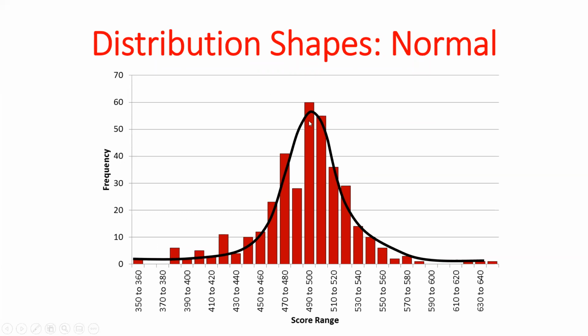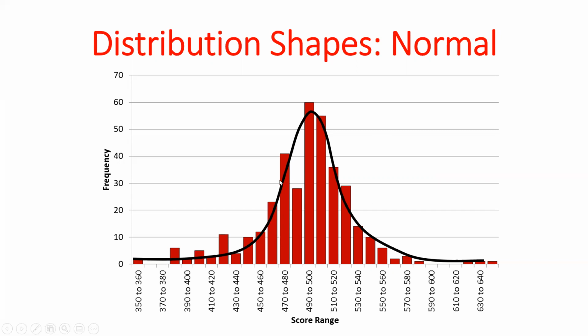But this is a distribution that pops up a lot, right? Once we get to it, we'll talk about how crazy it is. Like a lot of biological measures all follow a normal distribution. They try to write tests so that they follow a normal distribution. It just pops up a lot, right? It has a lot of nice properties that allow us to do some pretty cool things by the time we get to the end of the semester, okay?